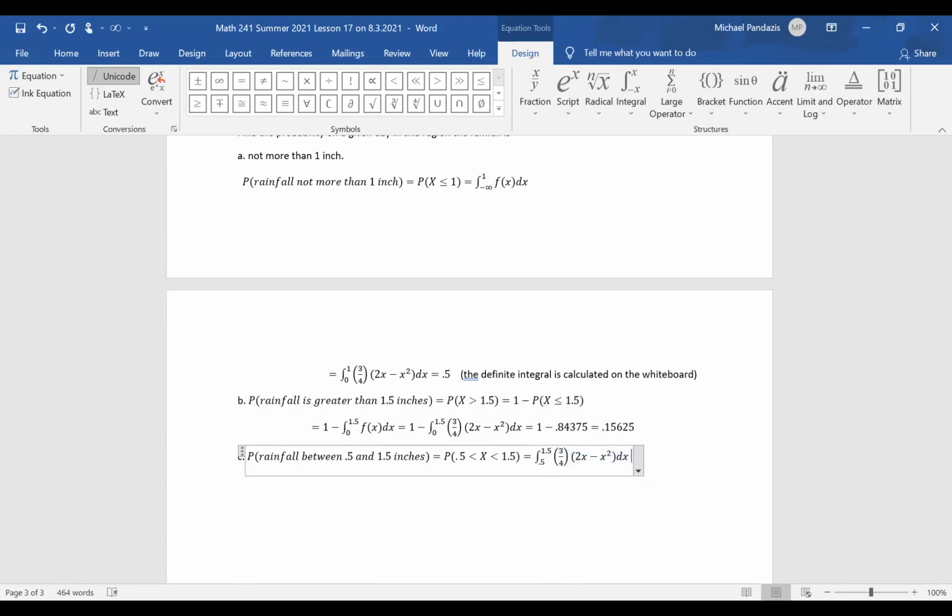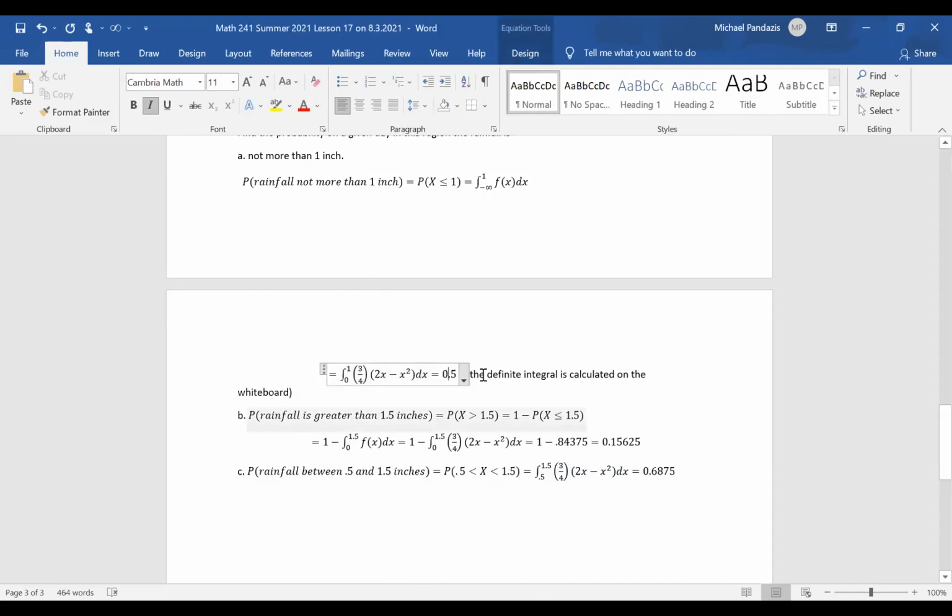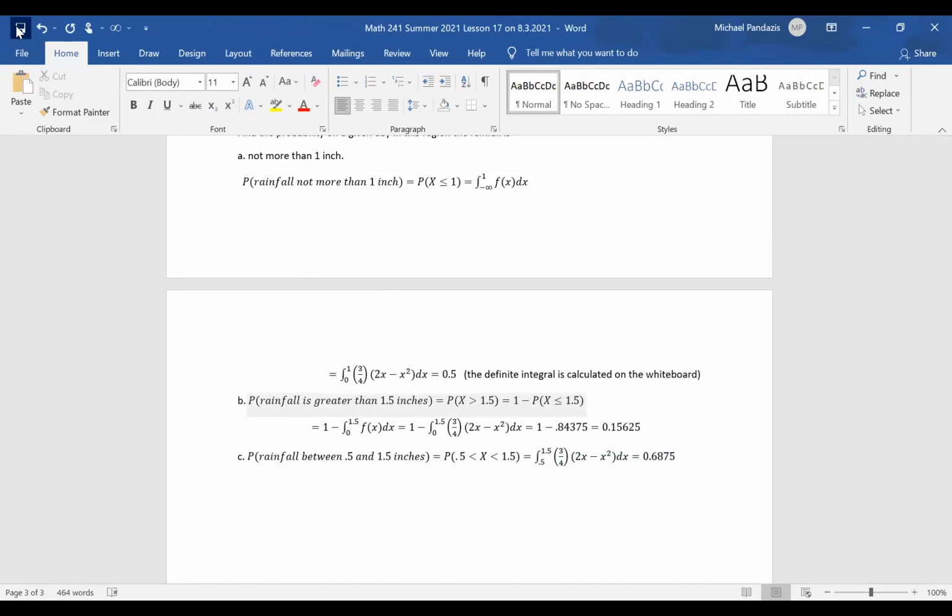Okay, and so then you just calculate that. You get 0.6875. Okay, so then there you go. So that's C.